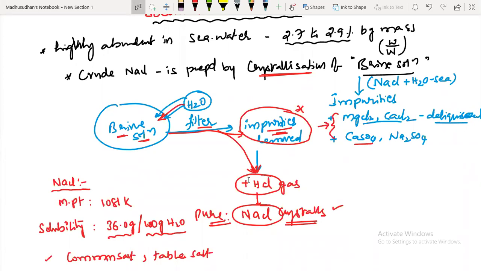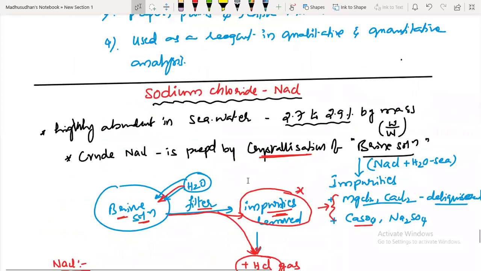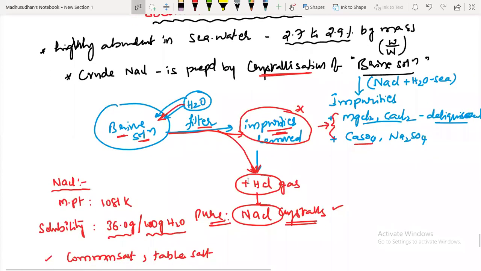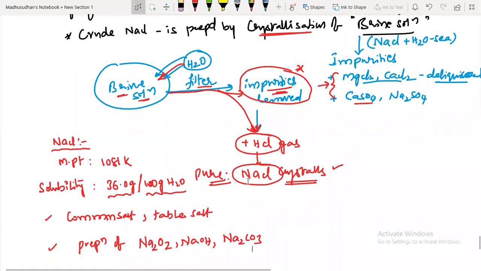Yes, sir, till 10. Sir, can you put the starting one? No, sir, total starting. Starting, let them complete this. Please note down these things.